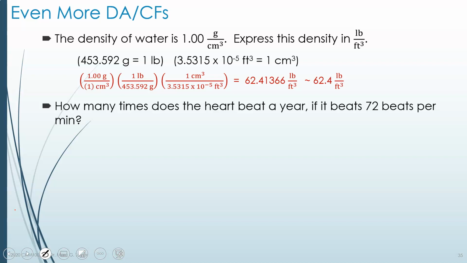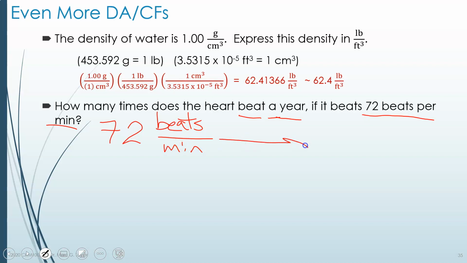Here's another one. How many times does a heart beat a year? So you're asked for beats per year. And you're given beats per minute. So in this case, you're starting with 72 beats per minute.